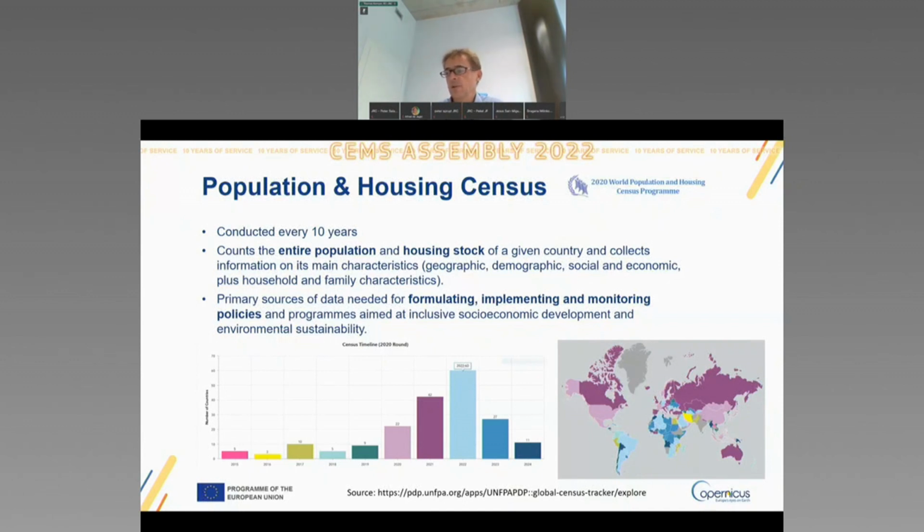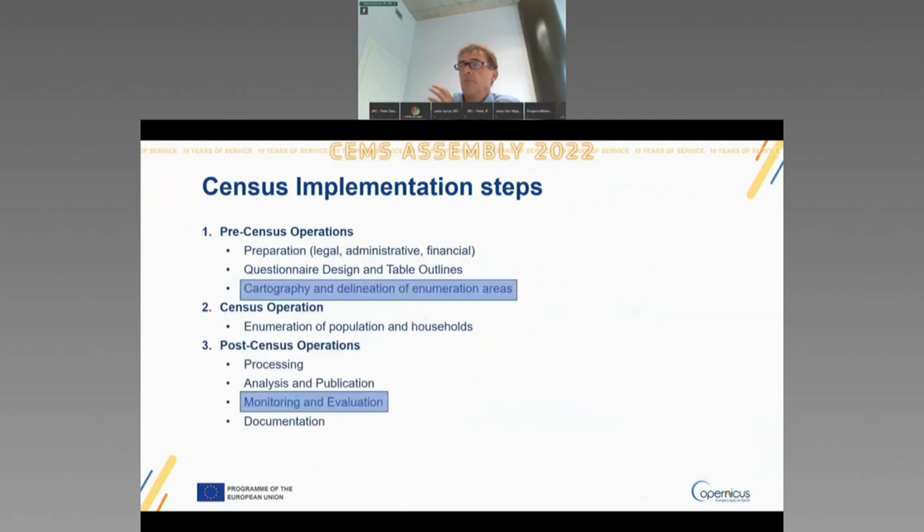And this is where we are working together with UNFPA, the UN Population Fund, that tries to support countries doing that, getting countries up to speed. So let's have a look at how Earth observation data and information about settlements and population can help there.